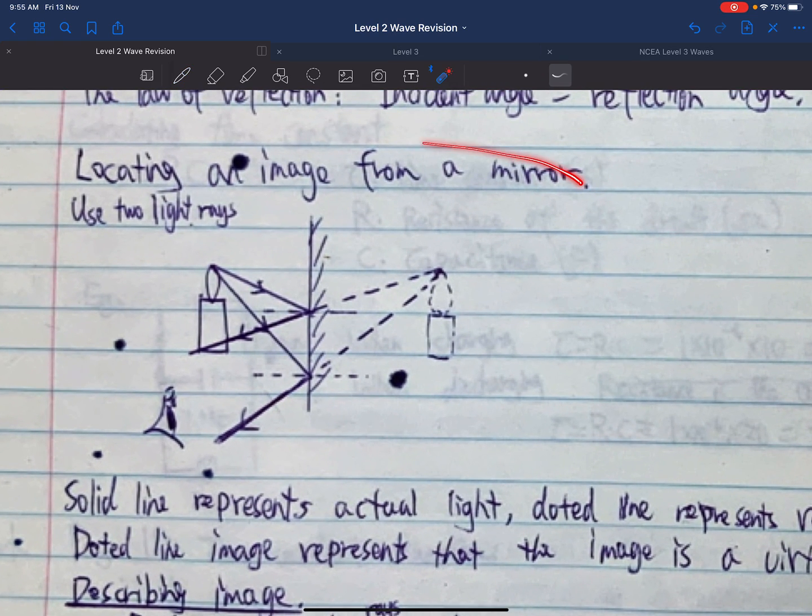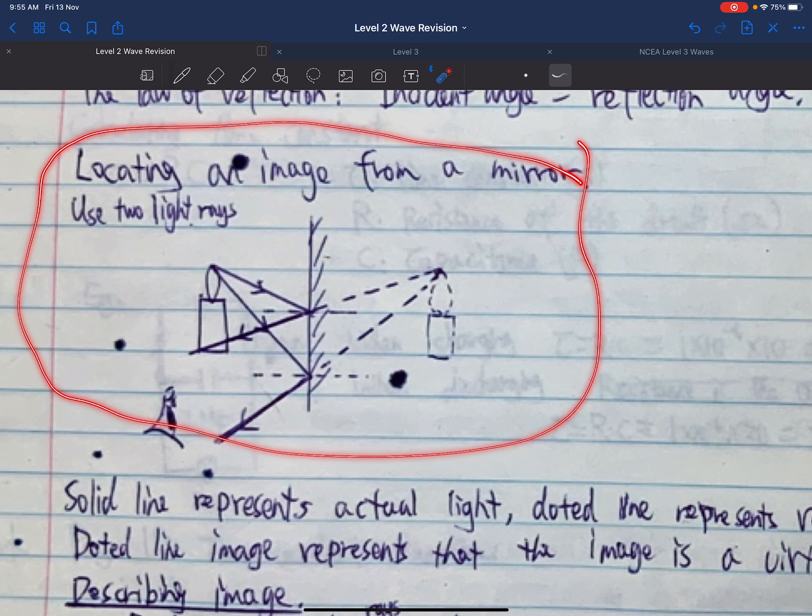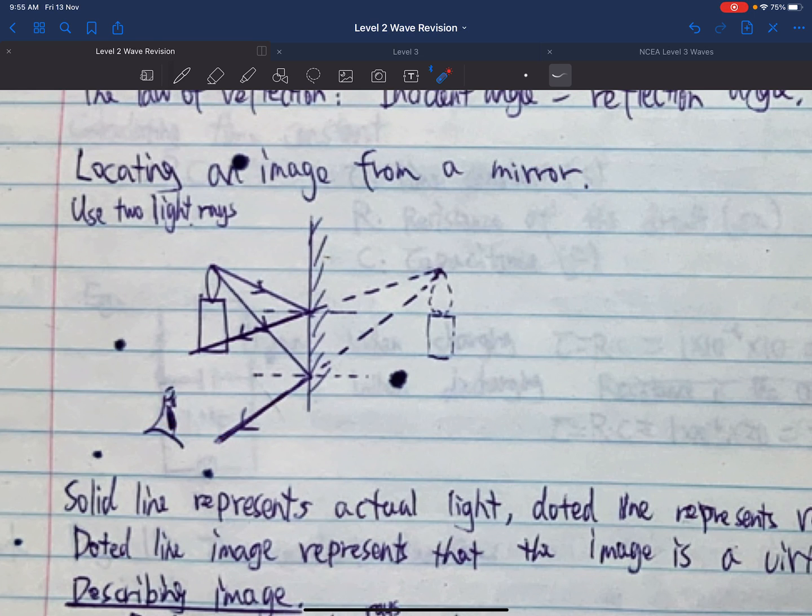this picture over here, I want to emphasize is how a virtual image can be found, okay? Every morning I look in the mirror when I do my hair, and this is what happens. The light coming from my head goes into the mirror at billions of angles, and they're all gonna be reflected out, right?